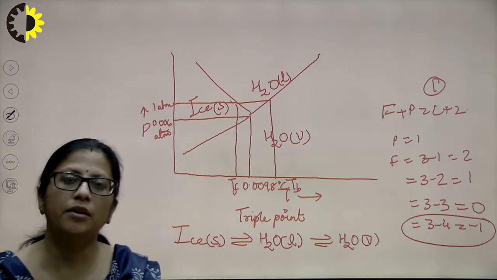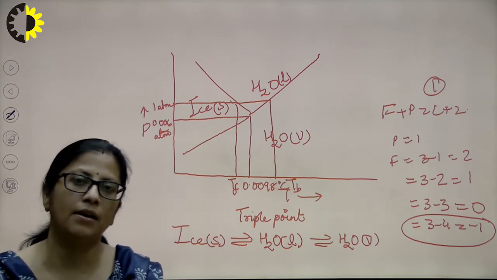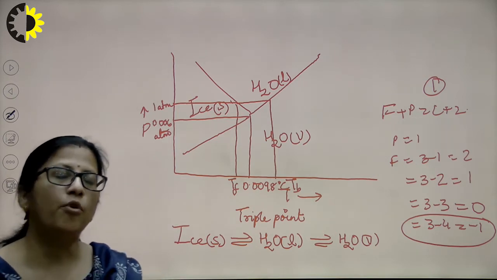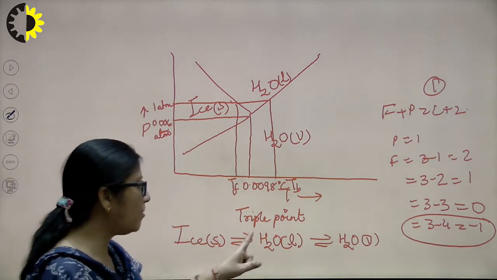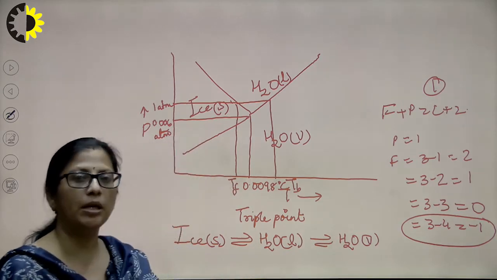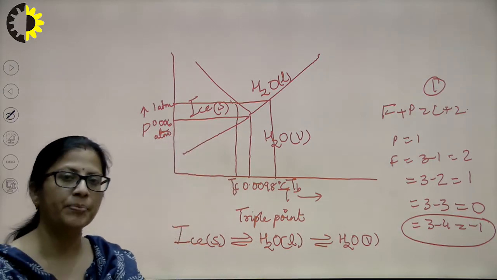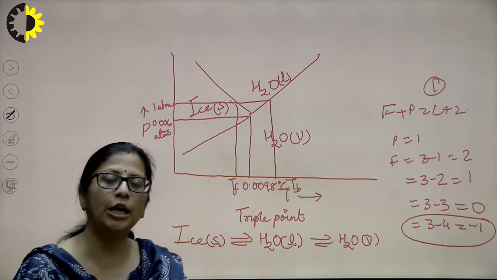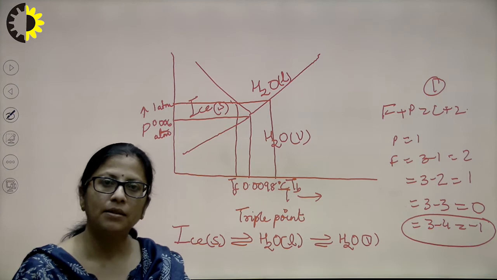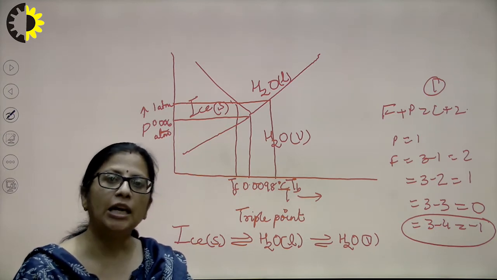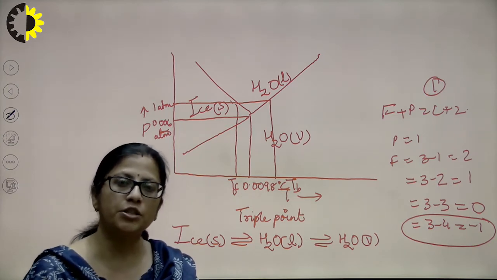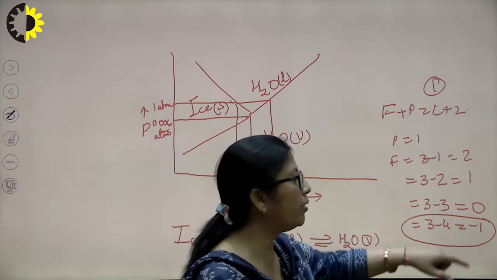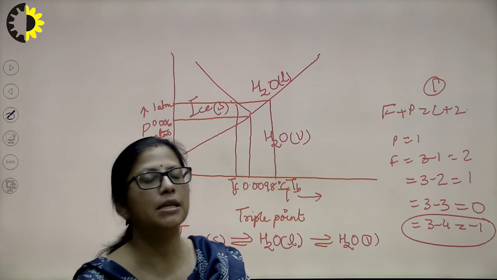Either one or the other phase will disappear, only then will another phase take its place. For example, sulfur exists in 4 phases: sulfur rhombic, monoclinic, liquid and vapor. But I cannot see an equilibrium between all 4 phases together. So, the maximum number of phases which can be in equilibrium for a one component system is 3.